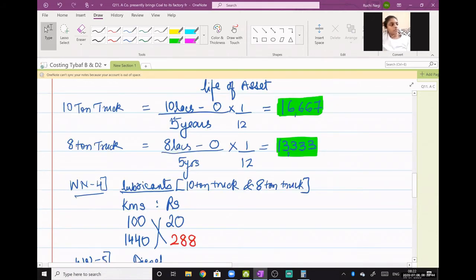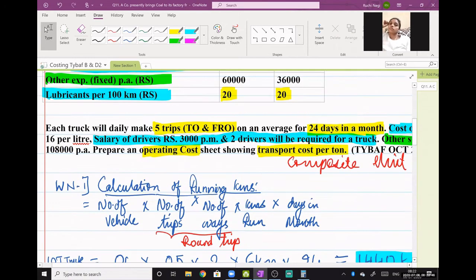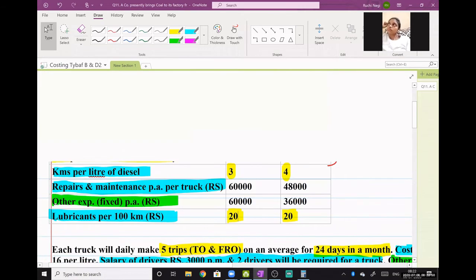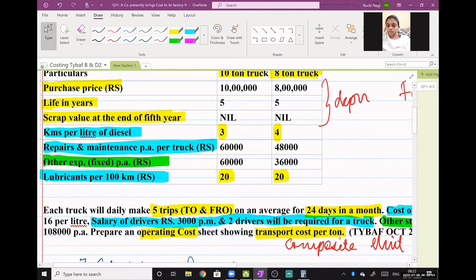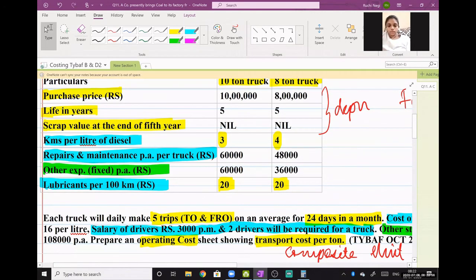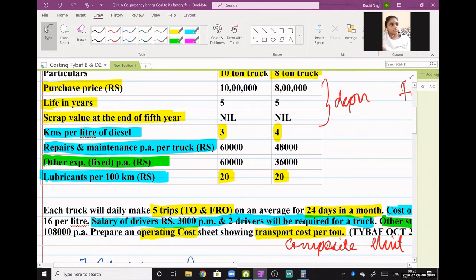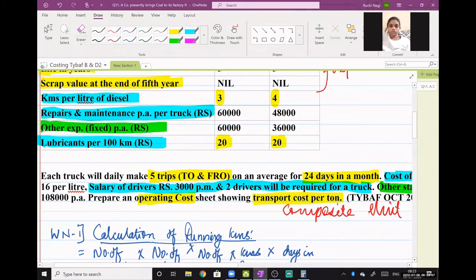Now let us see what other information is there about diesel. See this information, highlighted in blue, kilometers per liter of diesel. For the first truck, 1 liter goes up to 3 kilometers, and for the other truck, 1 liter goes up to 4 kilometers.